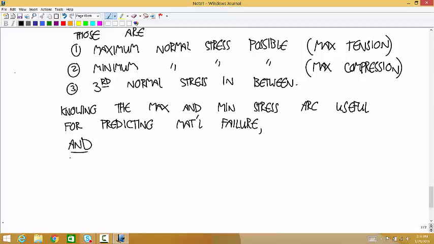And they make it easy to calculate another thing that is probably, most of the time, more useful for predicting material failure. They make it easy to calculate the maximum shear stress.